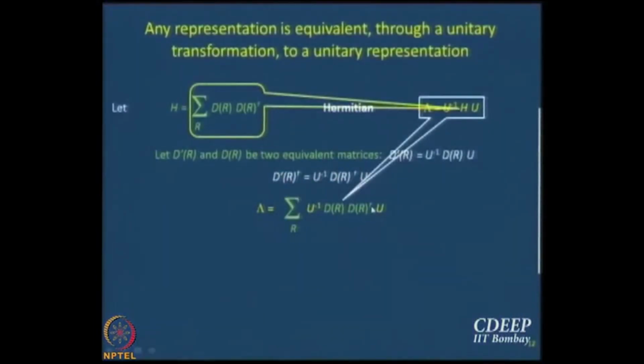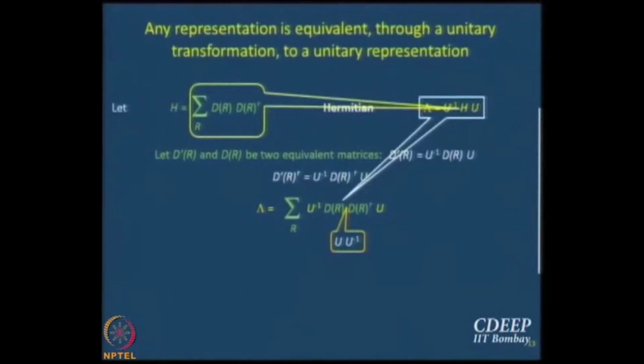So, we need to convert this into a product of similarity transformations. So, here you see dr is left multiplied by u inverse, dr dagger is right multiplied by u. So, you can put in E, and E can be obtained in many different ways.